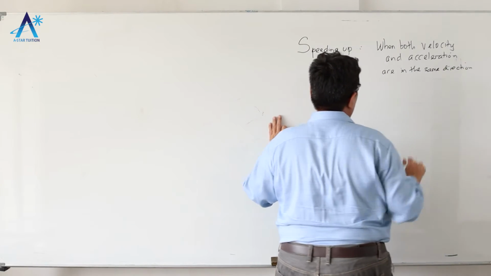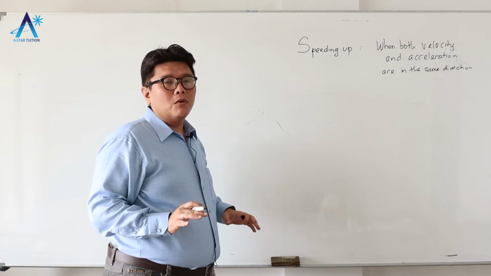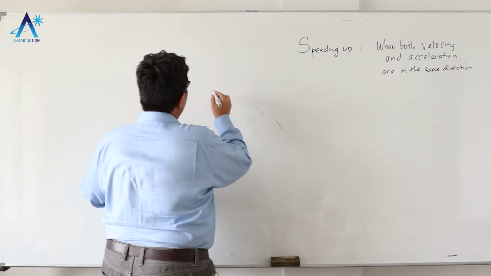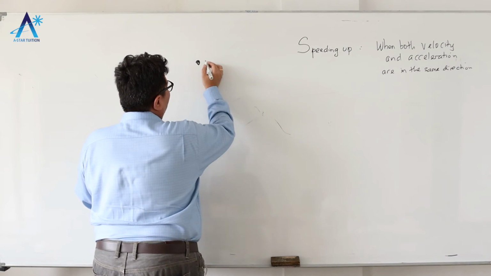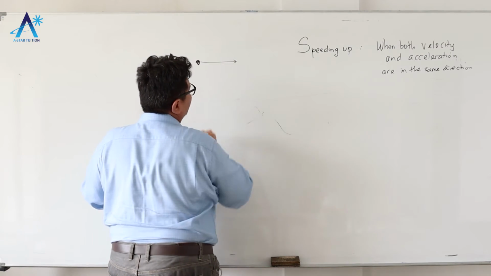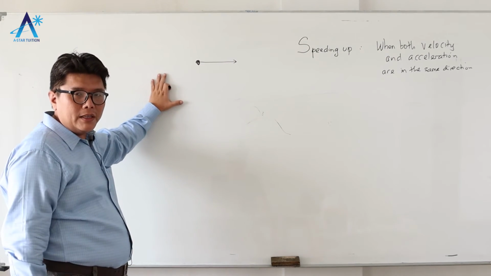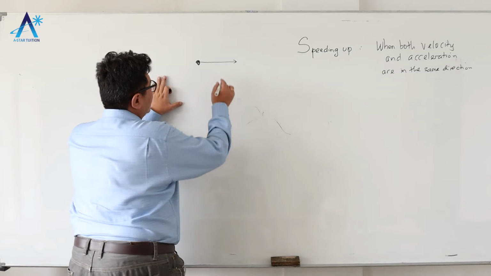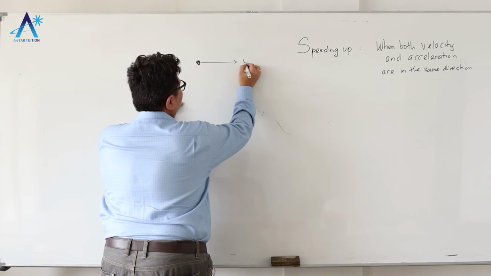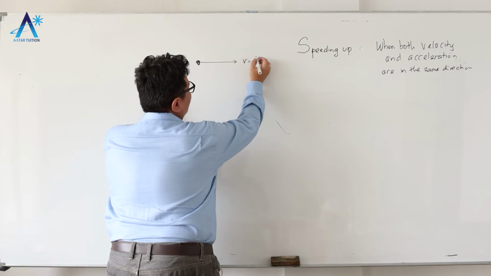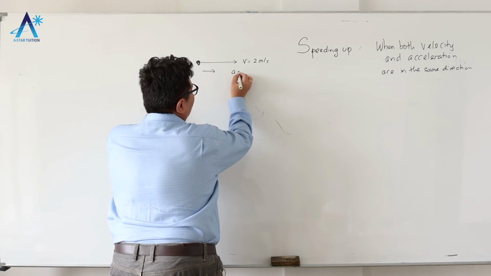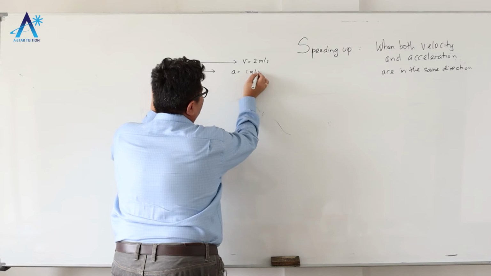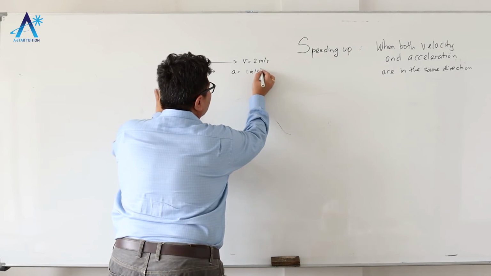For instance, in one-dimensional motion, let's say an object is moving to the right. The velocity is to the right and the acceleration is also to the right. Let's put a number: velocity 2 meters per second, and the acceleration also to the right, let's say 1 meter per square second.